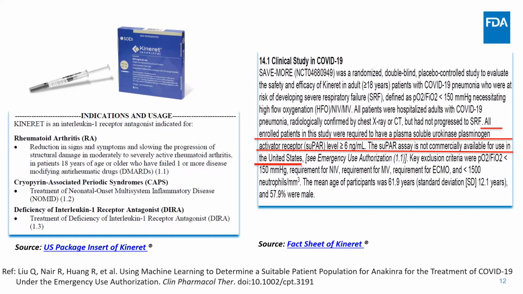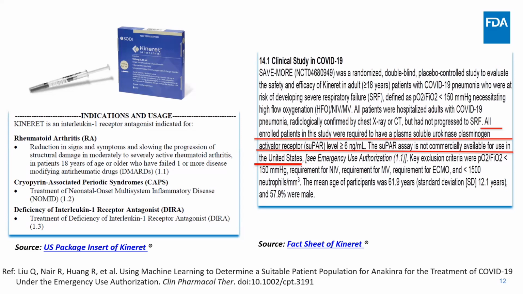That means all patients enrolled in the study had this biomarker larger or equal to 6. This assay, suPAR, an inflammation biomarker, was not approved at that time and is still not approved today. So even if we approve this treatment, we don't have a way to distinguish which patients should take it, because we don't have this assay in the United States.